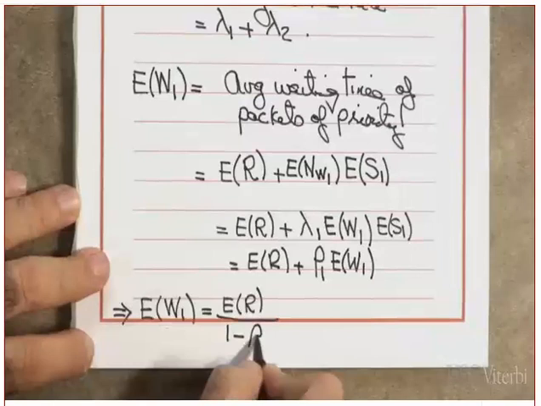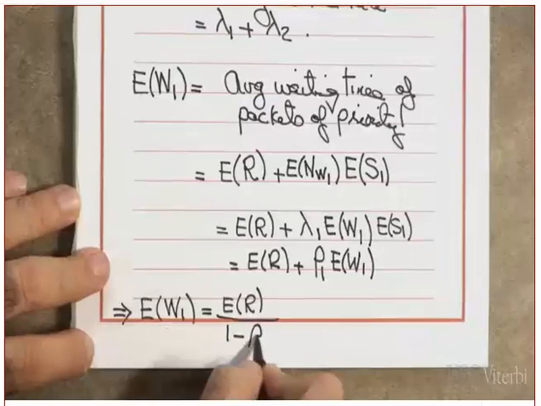E of R. Plus. What is lambda 1 E of S1? Rho 1 times E of W1. Plus. What is lambda 2 E of S2? It's rho 2. Times E of W2. Plus lambda 1 E of S1 times E of W2.